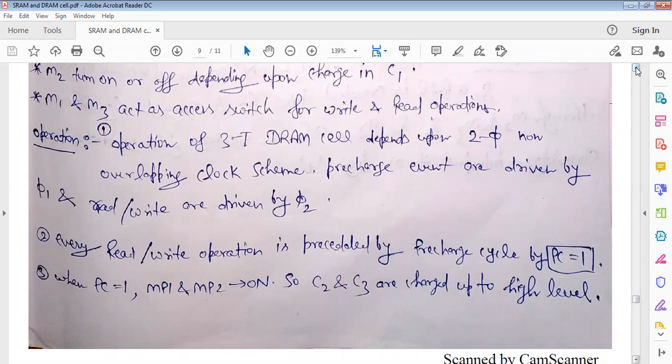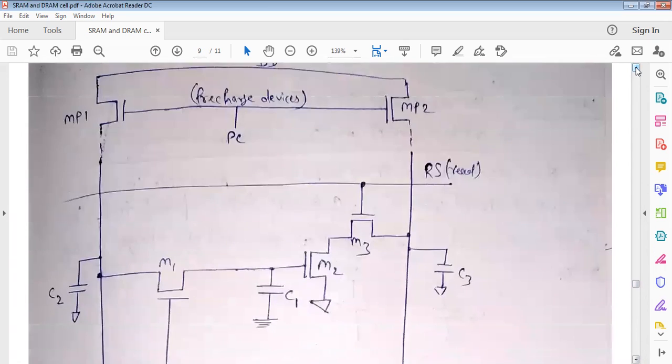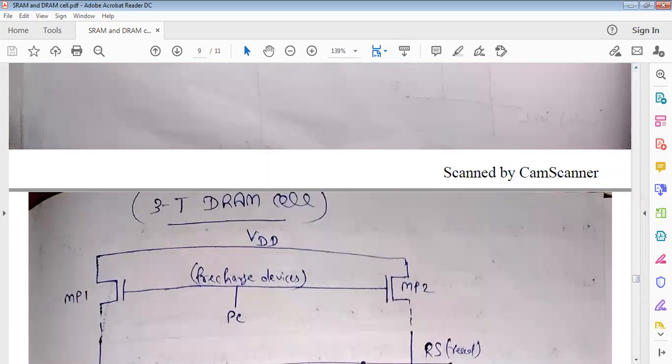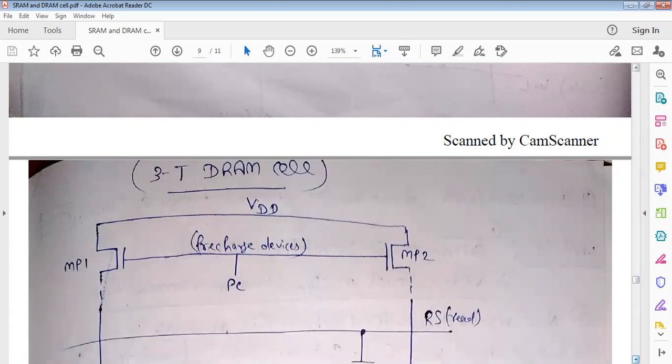Here you can see when PC is 1, these two NMOS transistors MP1 and MP2 will be on. When these two transistors are on, the supply is connected to both the columns. Supply is connected to this column.